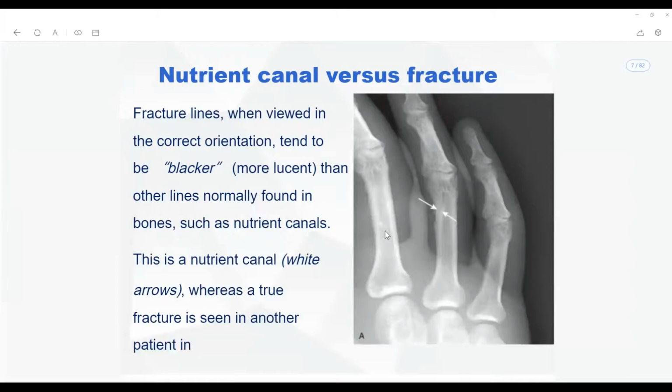So in such a part, generally there will be no trabeculae, and that also appears as a black line. Now you look at this image and you tell me if this is a fracture where the arrows are pointed, or if this is a nutrient canal.